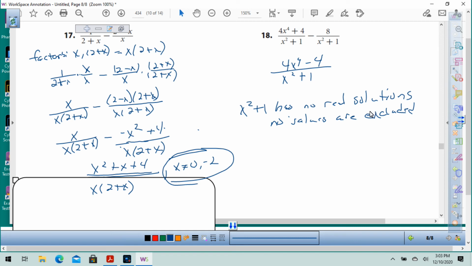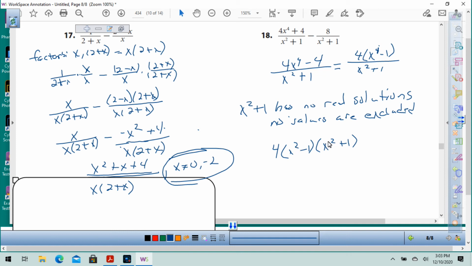Now, I'm looking at this, and I'm thinking I can take 4 out, and I got x to the 4th minus 1 over x squared plus 1. X to the 4th minus 1. Let's come down here. We got 4, and then that's going to be x squared minus 1 times x squared plus 1.